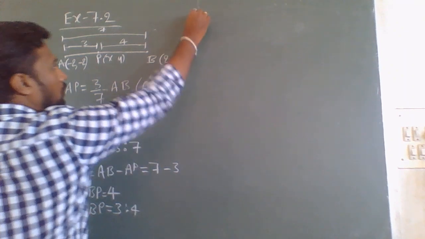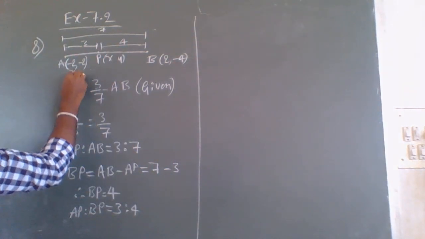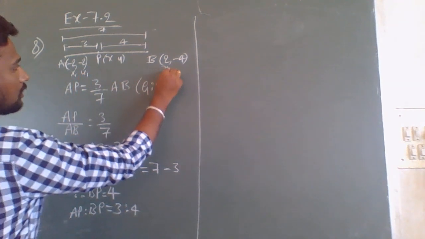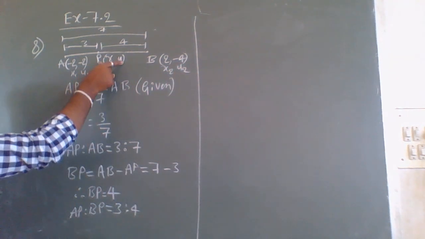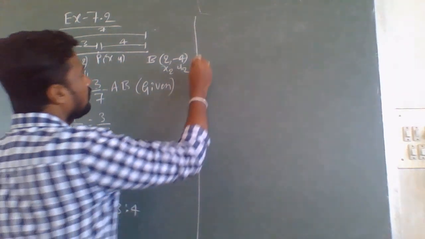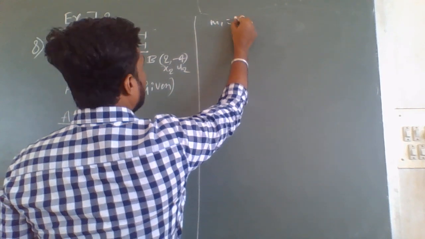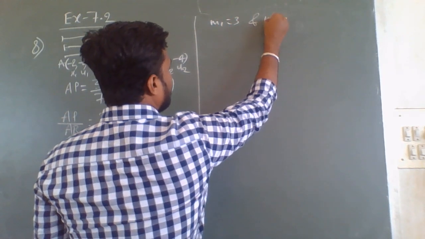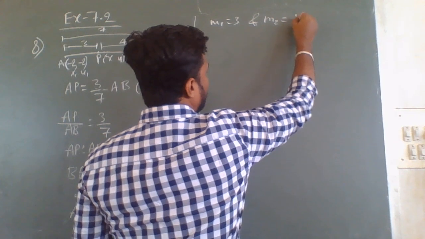So now we got the values of m1, m2, and these are the values of x1, y1, and these are the values of x2, y2. So now we can calculate the x and y coordinate values of point P. So here m1 equals 3 and m2 equals 4.